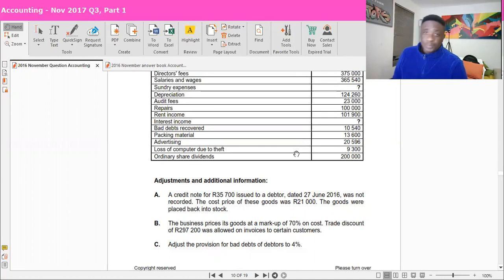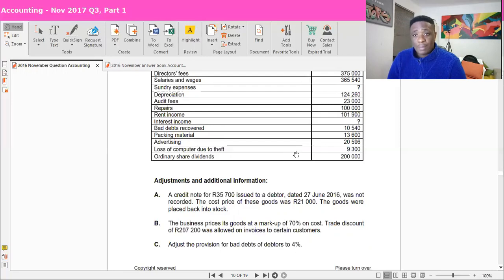All right. So if I mark up the cost by 70%, it means that if I bought something for 100 rand, then I'm adding 70 to that, and I'm having a price of 170.